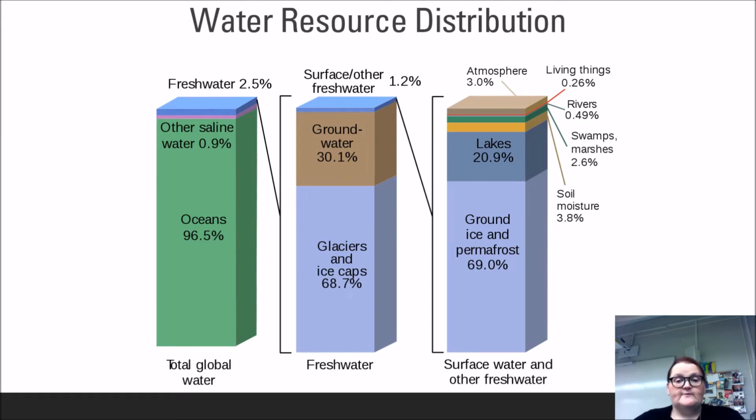Of surface water, most of it is found in polar areas where it is locked up in permafrost and other widely distributed ground ice. Lakes make up the next largest percentage of surface water, with the remaining volume coming in soil, swamps, marshes, and rivers.